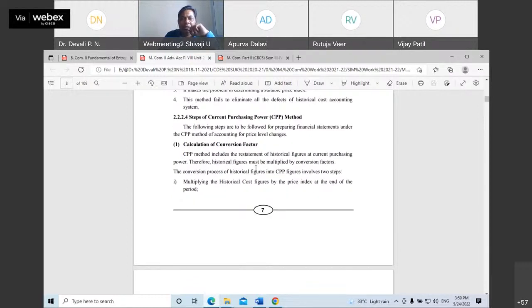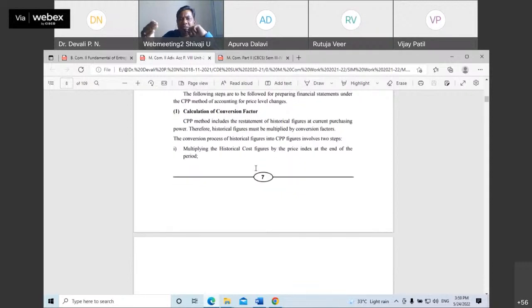Now, what are the steps that we are going to consider in respect of the calculation of the CPP? Under CPP, we have such steps, and the first step is the calculation of the conversion factors. If we get the knowledge of this, then we can learn how to solve the problems.